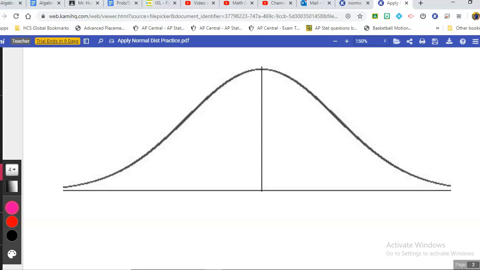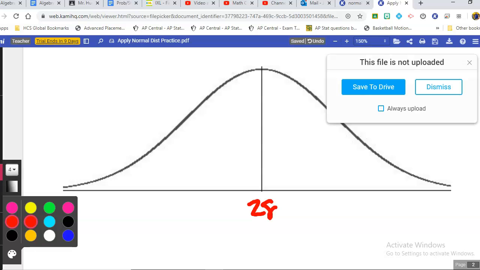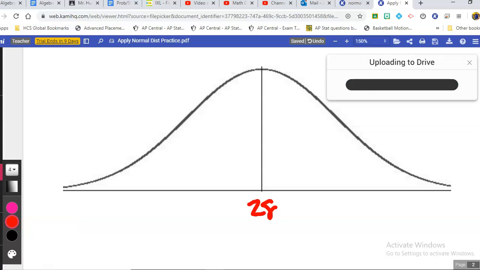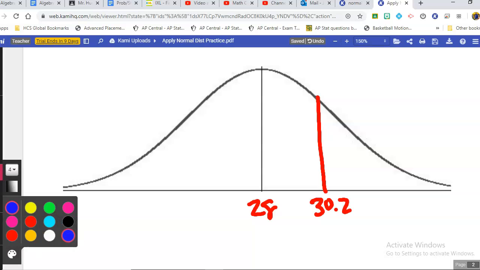So we have a mean of 28, and that means that this middle right here is roughly 28, and 30.2 of course is going to be above that somewhere, and I'm just eyeballing it. And we want to see what percent of households are going to be above 30.2. So we're looking in this area here.